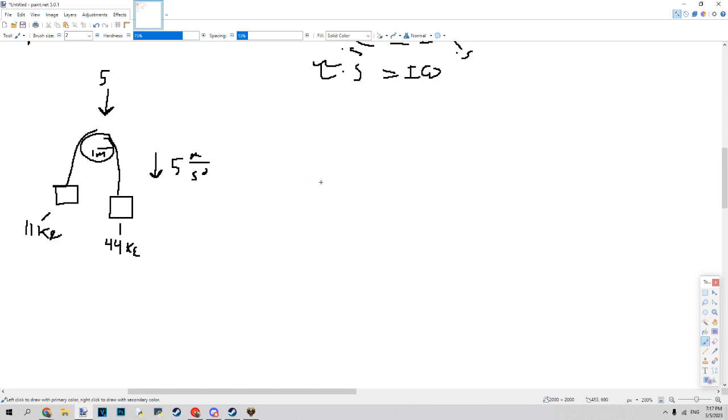Now, how do we take on this problem? Well, our first step is to split it into every portion that has a mass, right? The forces or torques that act on every portion with a mass. So let's start with this block here. We'll call it mass 1. And this will be our second mass.